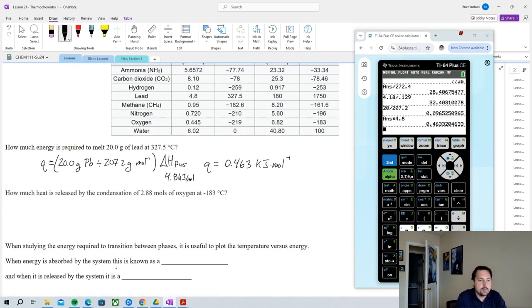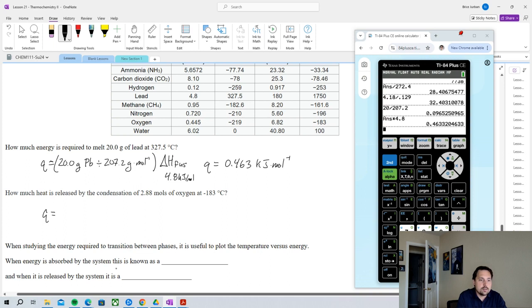So we need to cool it down quite a bit. But once we get it to that temperature, it will transition from a gas to a liquid, and it's going to be equal to the negative of the heat of vaporization. So that's 6.82 kilojoules per mole.